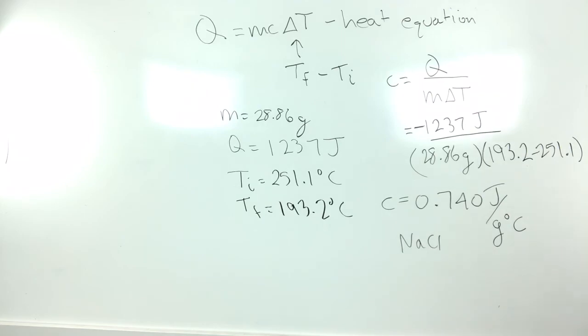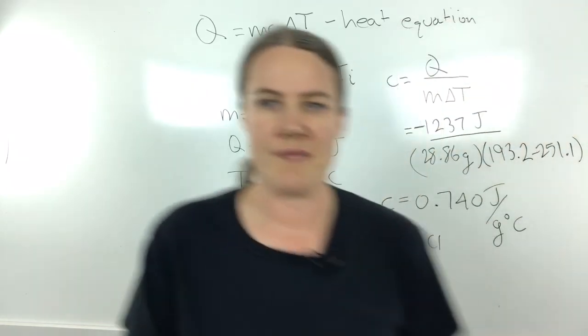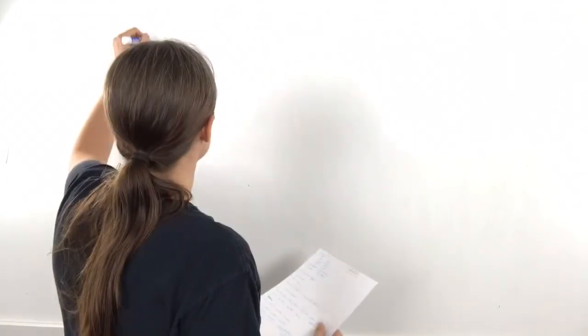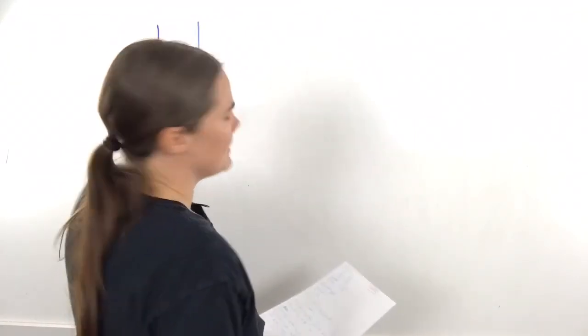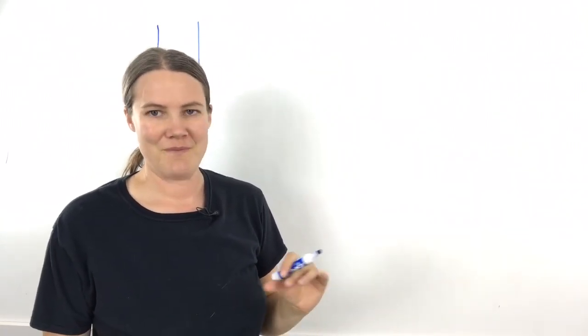So now I want to do the mixing problem, so I'm just going to erase things real quick. For this mixing problem, we have 2 cups of water. I like to draw pictures of what I'm solving for. I think it makes it easier to understand.